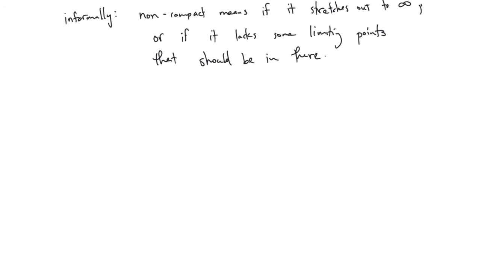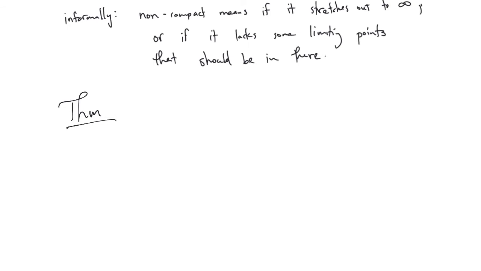Okay. What I want to talk about, the big theorem for today about compact sets, is something we already proved half of. The book refers to this as something like the characterization of compact sets. It doesn't really have a name.